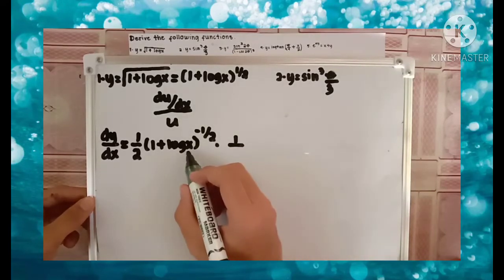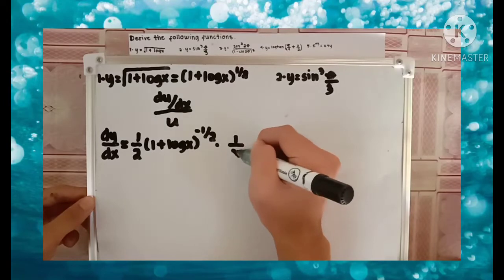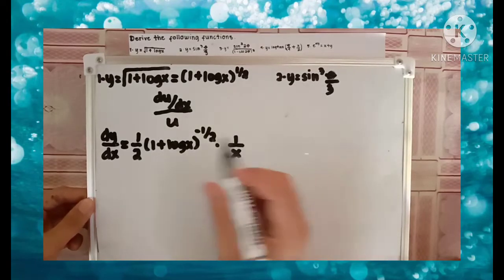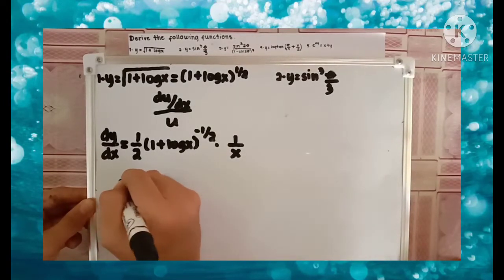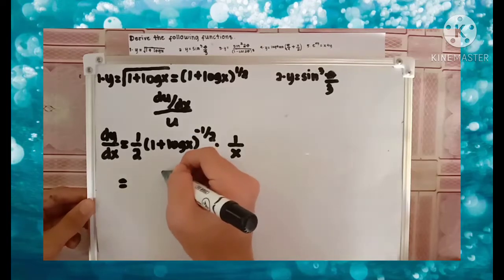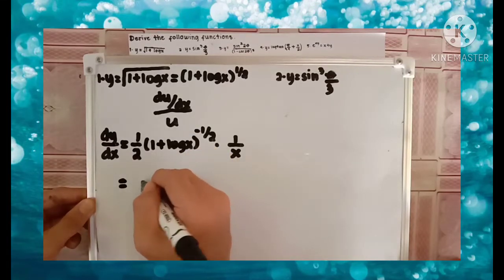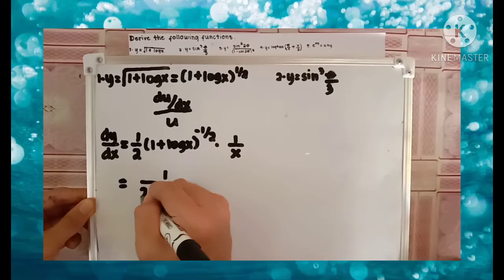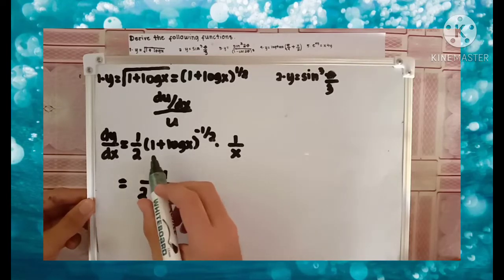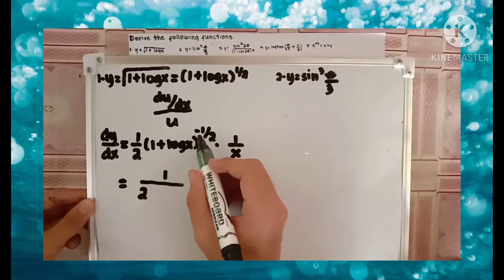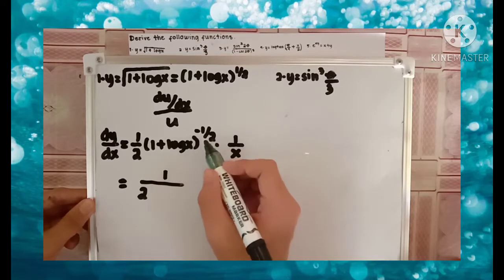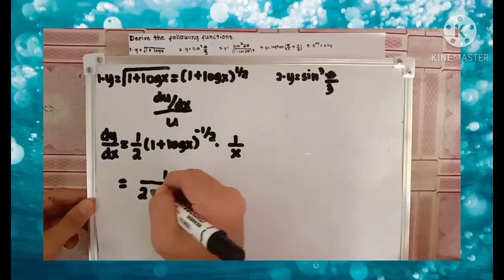Then ang u natin is equals to x. So simplify na natin, which is equals to 1 over 2 times 1 plus log x raised to negative 1 half. Ibababa natin siya since negative yung exponent niya.